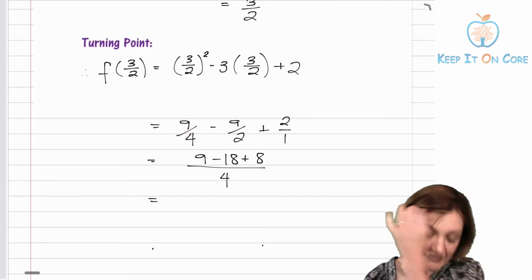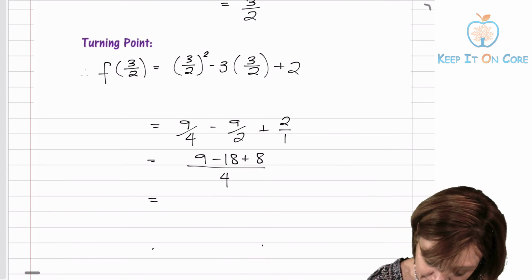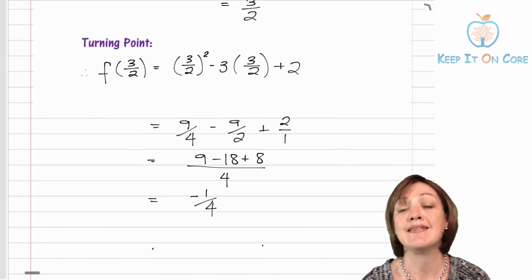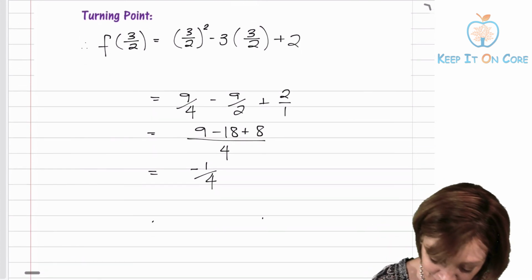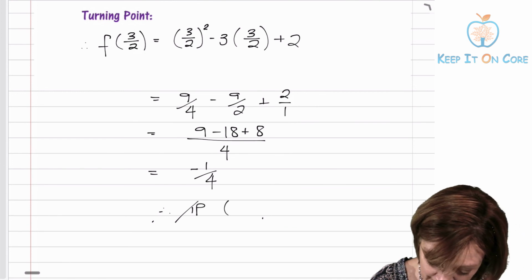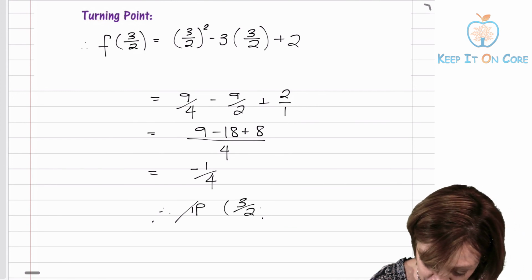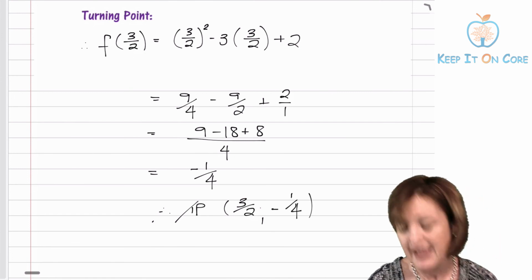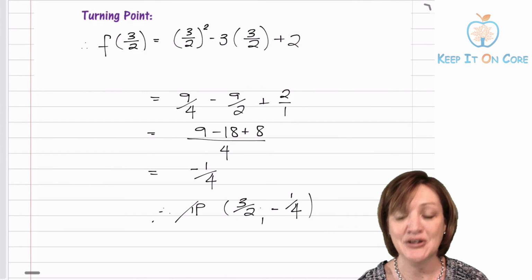And what are we getting over there? So we've got negative 9 plus 8, which is giving me negative 1 over 4 as the y coordinate of your turning point. So therefore the turning point will be where x is 3 over 2 and y is negative 1/4. And then from there you can plot those points and you're able to sketch it.